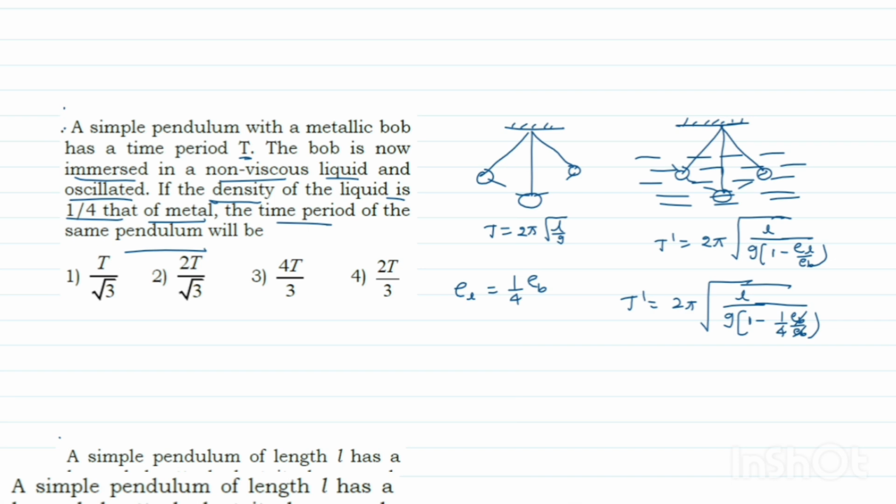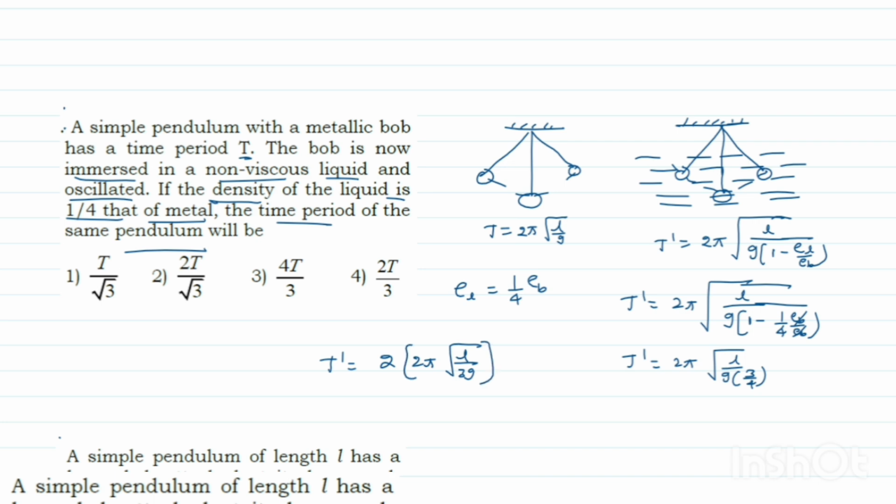We get 4 minus 1 is 3 by 4. This is 2 pi into root over L by g into 3 by 4. When 4 comes to the numerator it becomes root 4, and taking root 4 outside, T dash equals 2 into 2 pi into root over L by 3g.